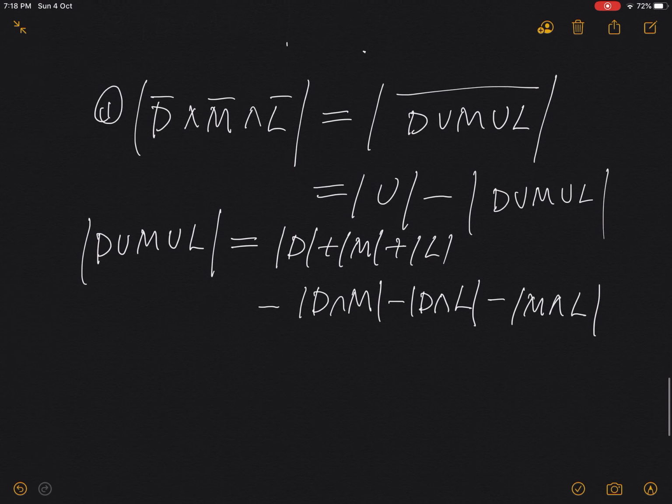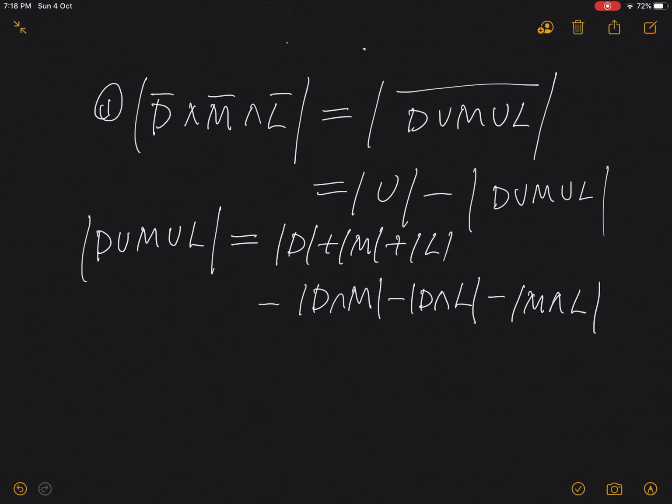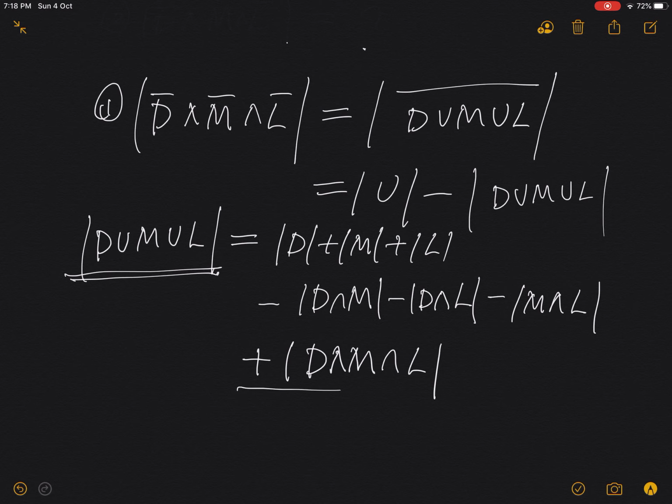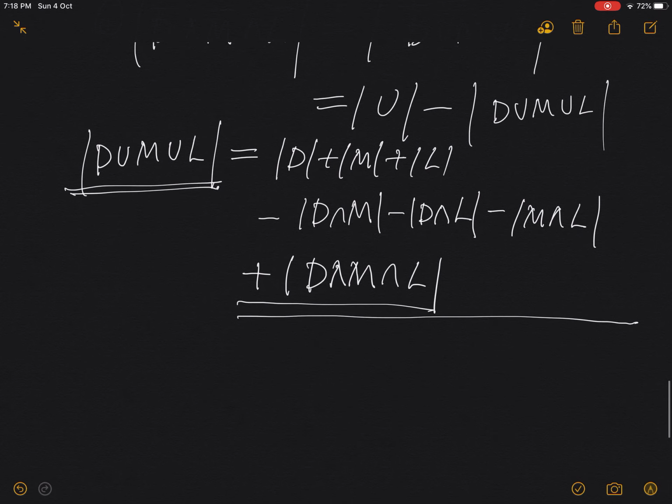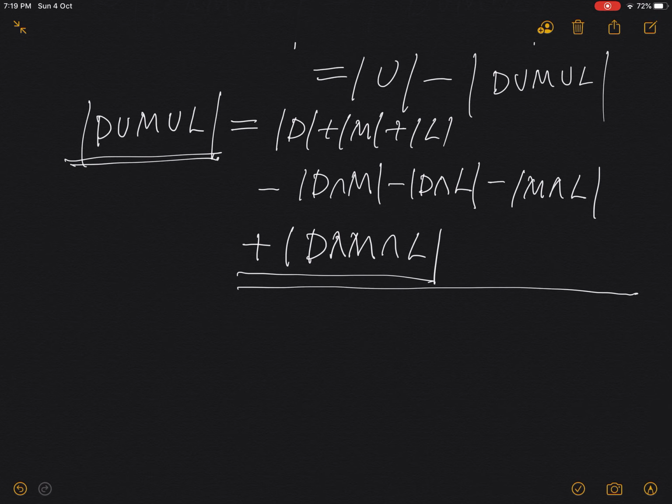After removing the repeated part, we need to add back. There is a formula that we have learned in the previous chapter.